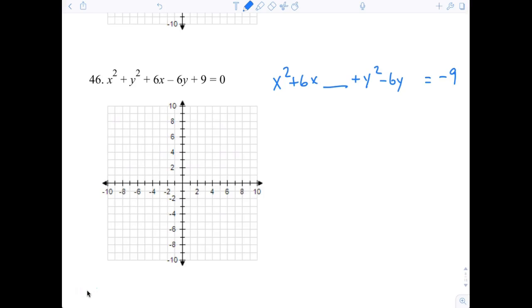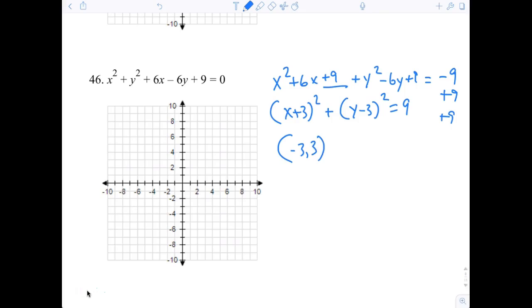So when you half and square, it's going to be what? Plus 9, and then, yep, plus 9 and plus 9. So then it factors into x plus 3 squared plus y minus 3 squared equals 9. Beautiful. So the center is, and the radius is, wow.